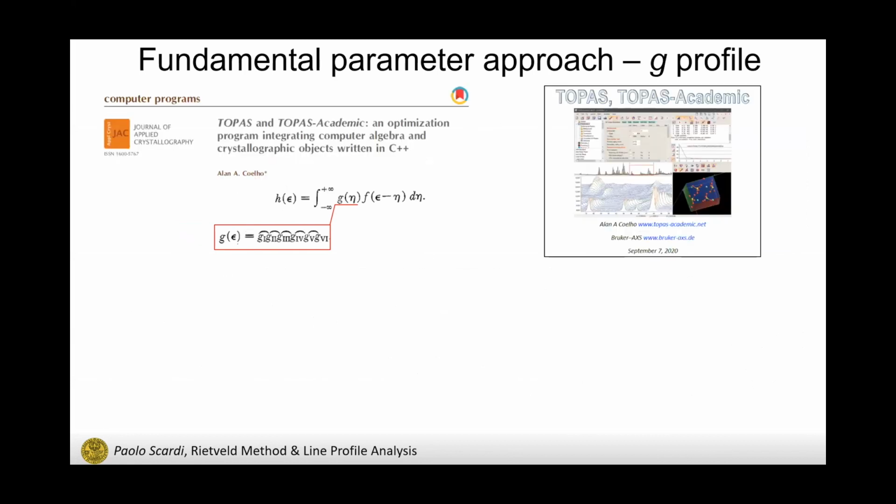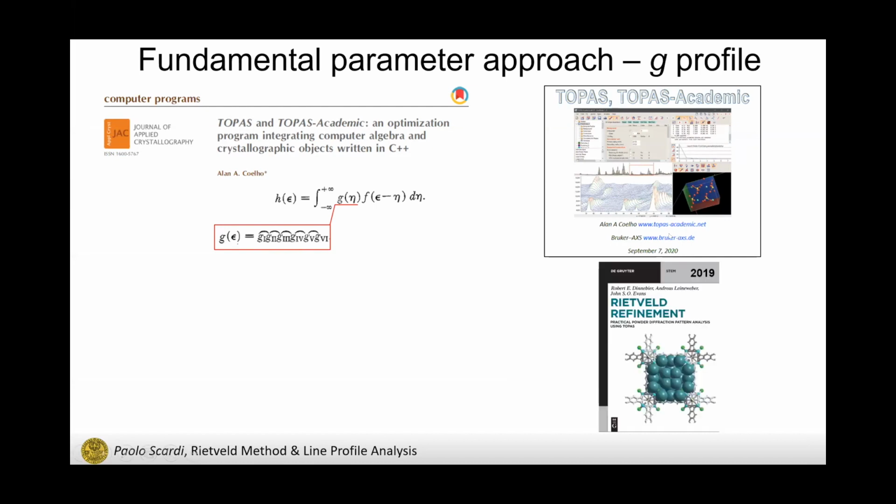Over the years, this approach, which is called the Fundamental Parameters Approach, FPA, has been refined, adjusted, and perfected by Alan Coelho within the software Topas. And you can find details in these recent books.